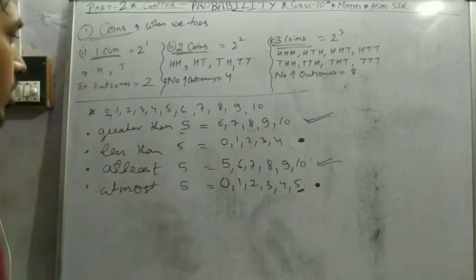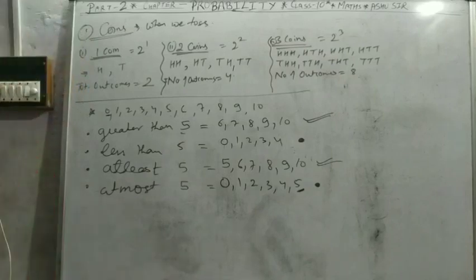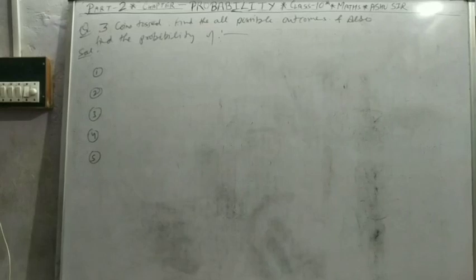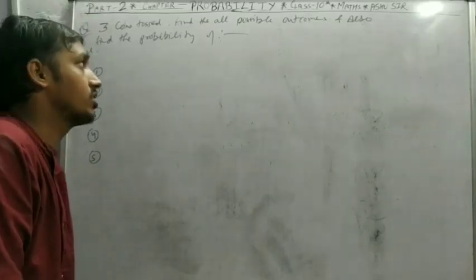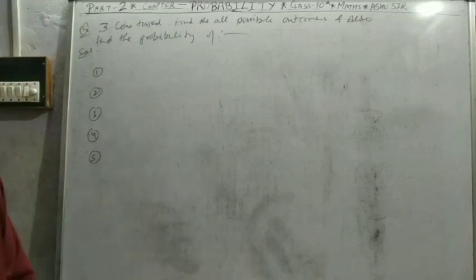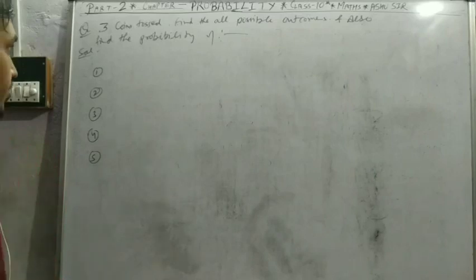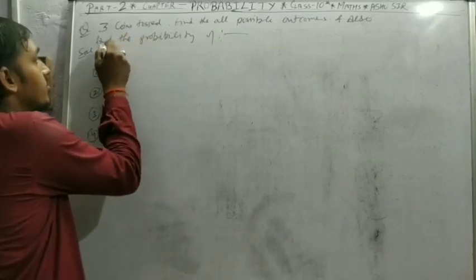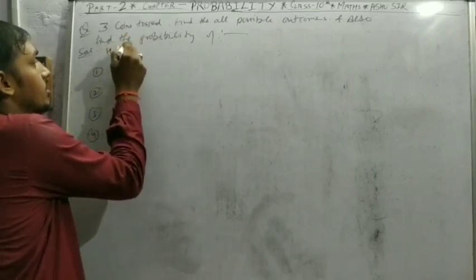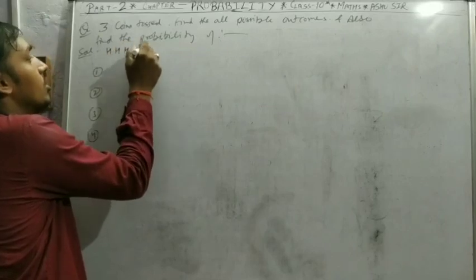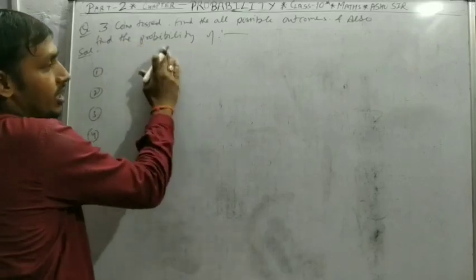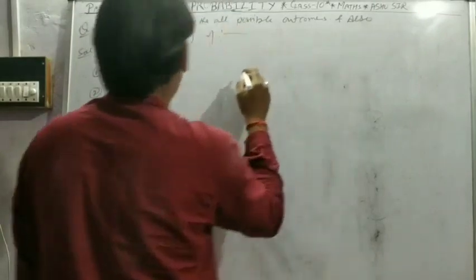So pause the video and note down. If we toss 3 coins, find all possible outcomes and also find the probabilities. We write that. So all possible outcomes: head, tail, we write here.